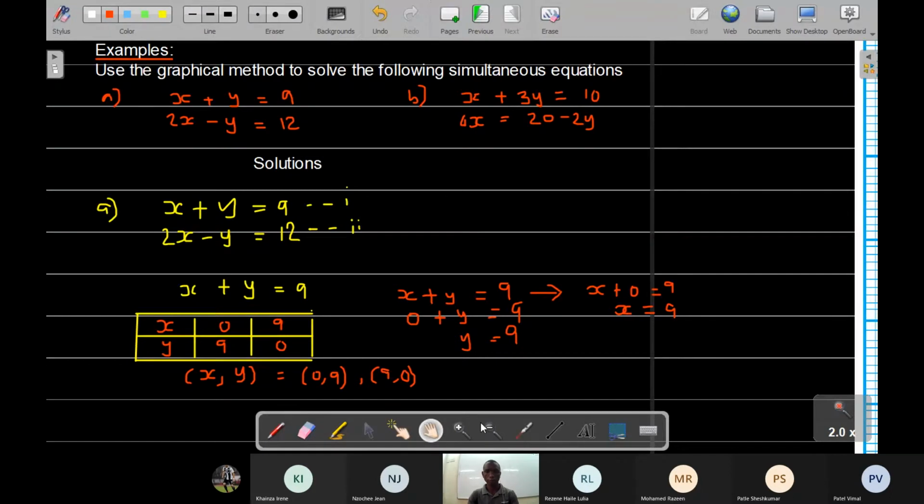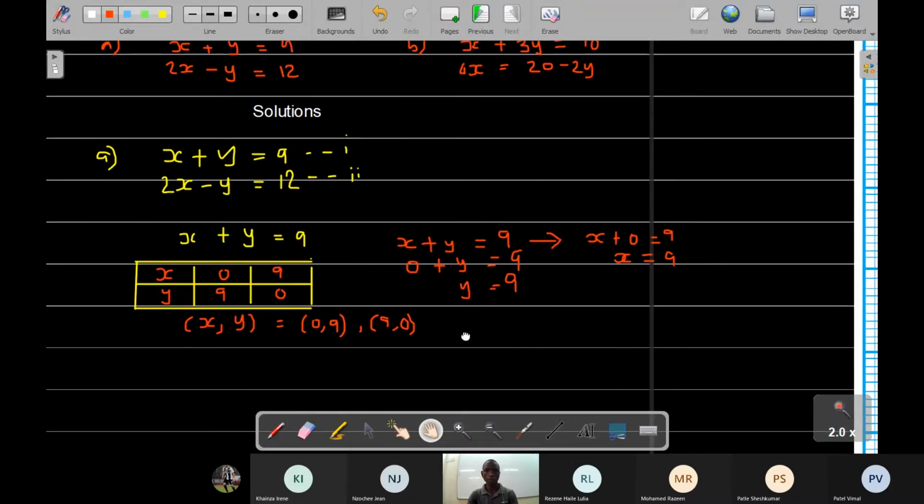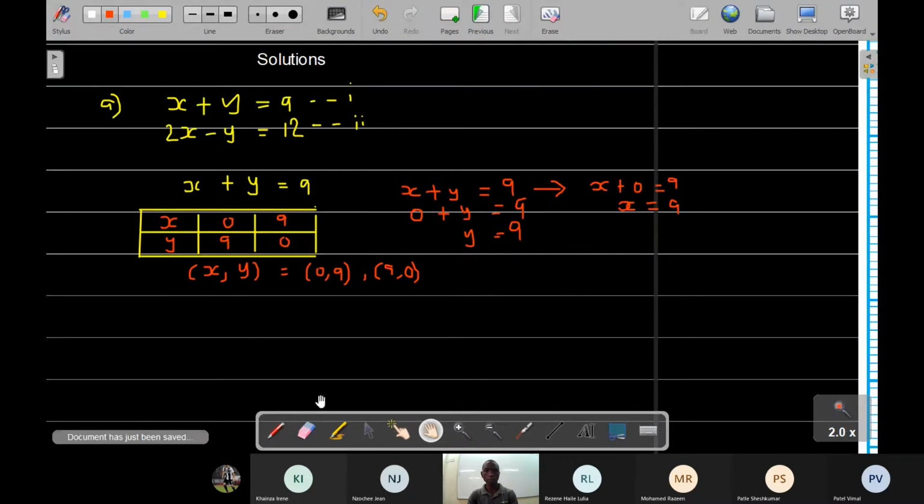But let's first get the pair for the second equation. The second equation which we have is 2x minus y equal to 12.